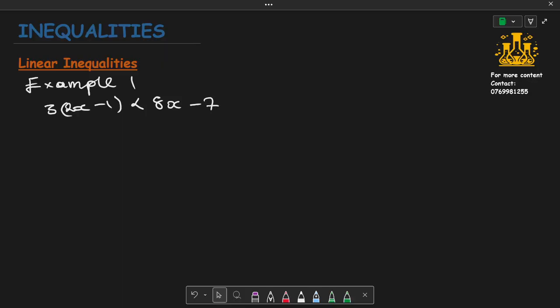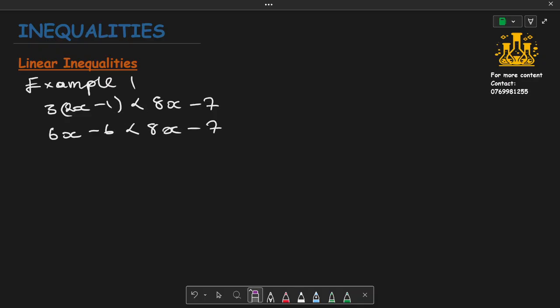So how can we solve this inequality? So let's expand the left hand side. We are going to get 6x minus 6 is less than 8x minus 7. And we can actually do it the way we do it with equations, where we can make these jump the inequality.